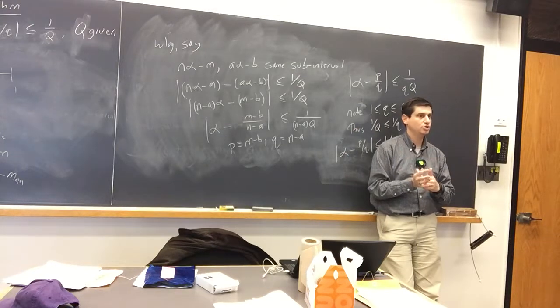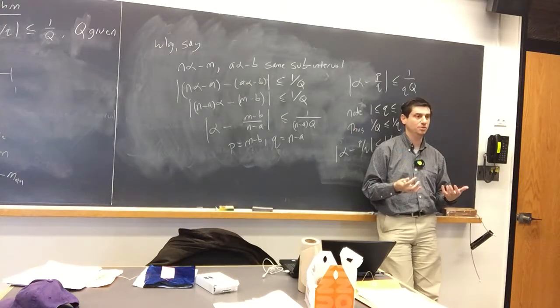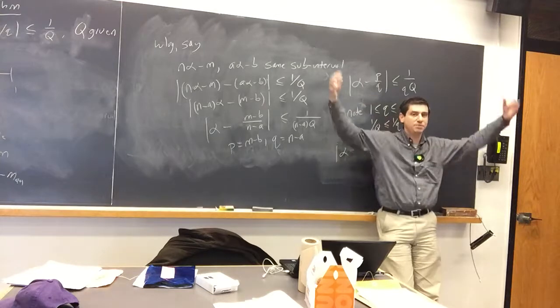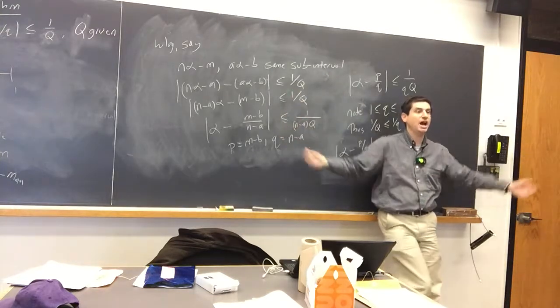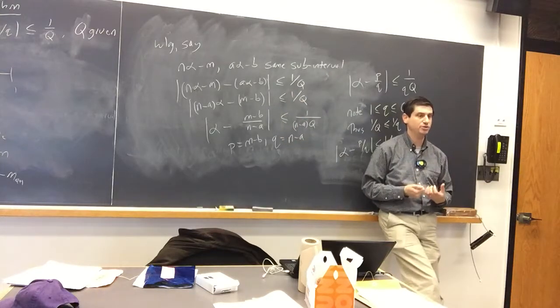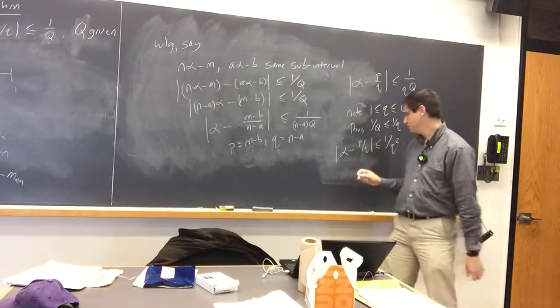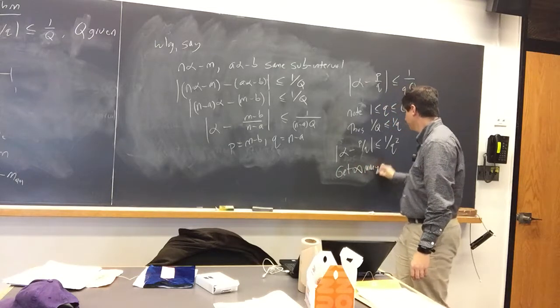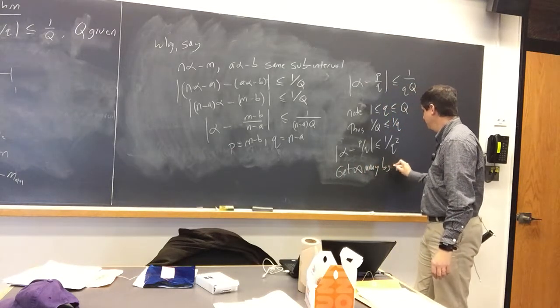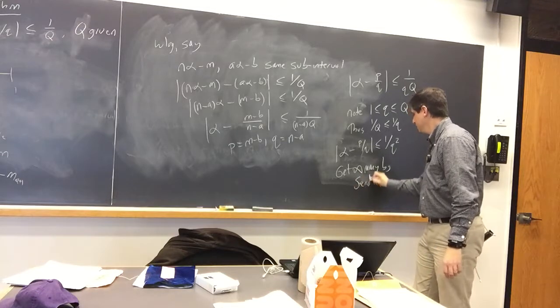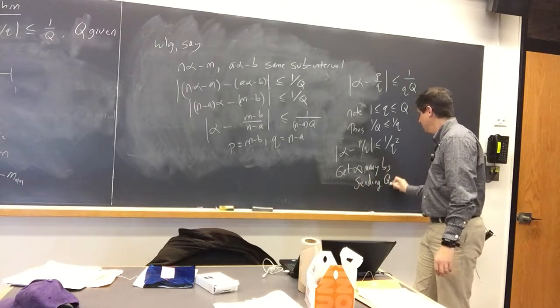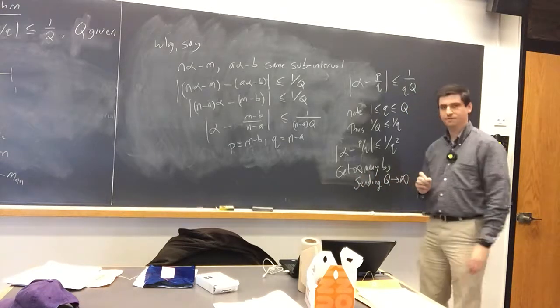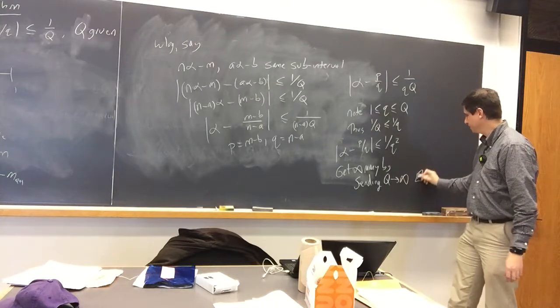So I would have to get a new p and q. So by taking big Q larger, I will generate new values of p and q. So I will get infinitely many distinct ones by sending big Q to infinity. And that finishes the proof.